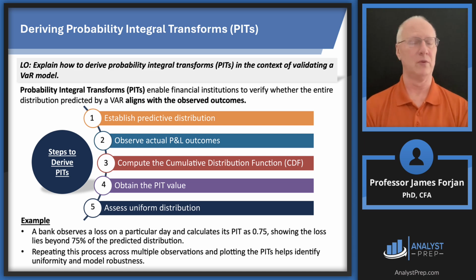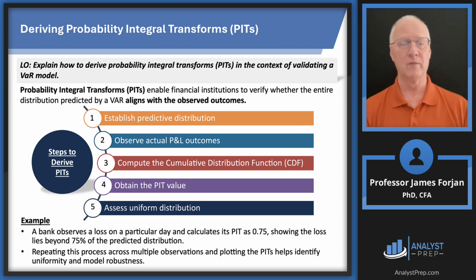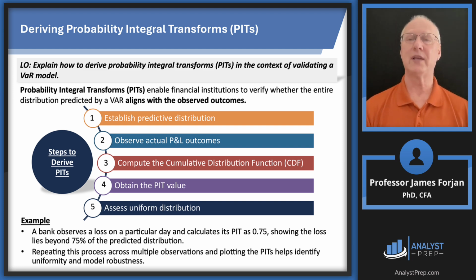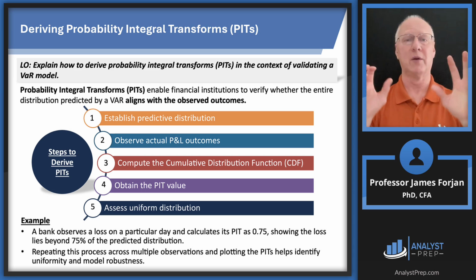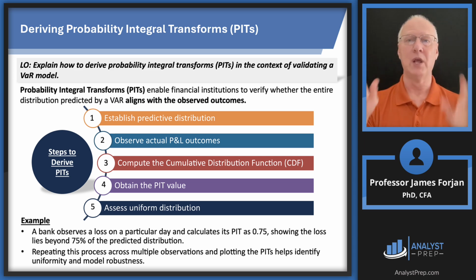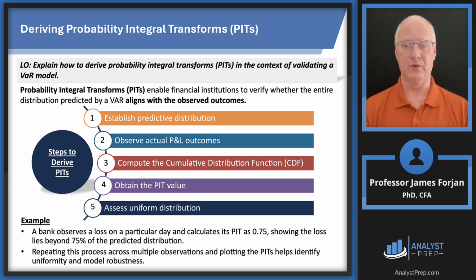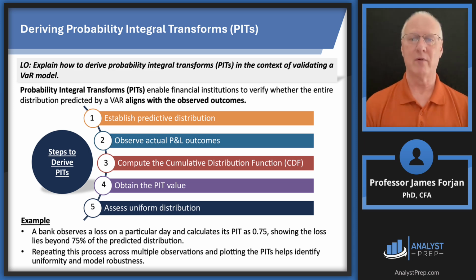And then we're going to compute those CDFs. And from the CDF, we can obtain the probability integral transform value, and then we're going to assess the uniform distribution. We're going to compare, and we'll see this in a graph here in a little bit, that empirical distribution to the uniform distribution, and if it looks like a perfect rectangle, we're going to say we have a perfect model.